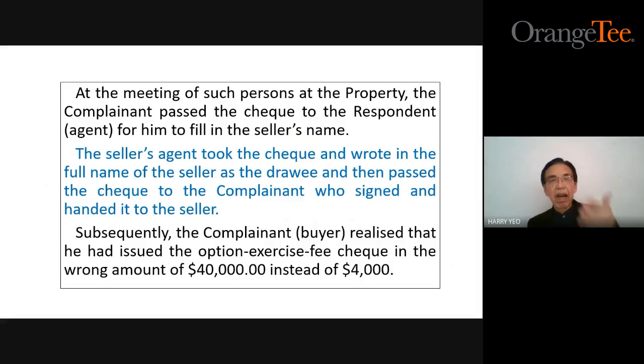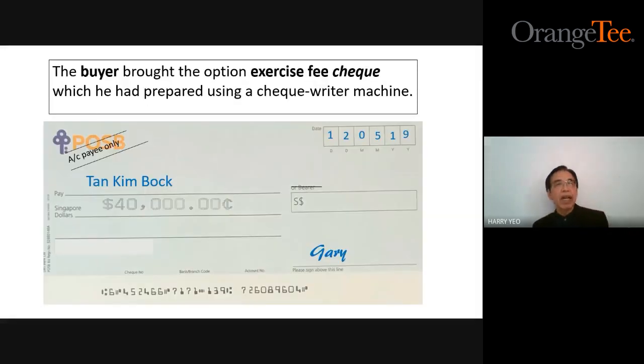Later, alamak, he discovered the check is $40,000, not $4,000. Well, it was the buyer who prepared the check using a check writing machine, and he had put in $40,000. Now, the agent, Michael, just put in the date, the name of the drawee, and got it signed.